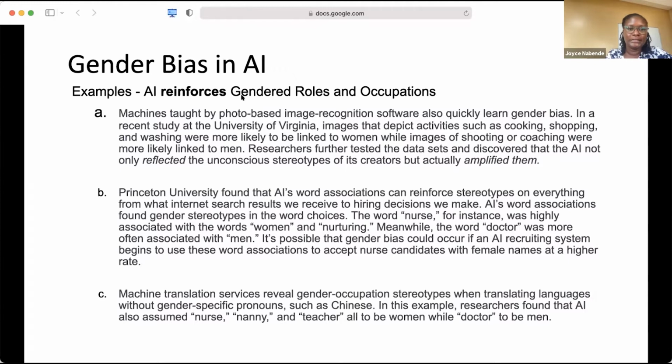In a recent study at the University of Virginia, images that depict activities such as cooking, shopping, washing were more linked to women, while images of shooting and football coaching, I think, were more linked to men. When the data sets were tested, they discovered that the AI not only reflected the unconscious stereotype of the creators, but amplified it.